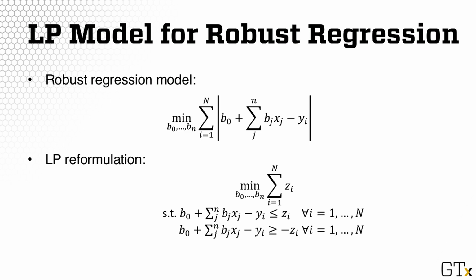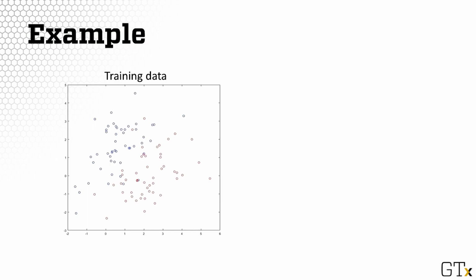So we can just use the trick that we just introduced: introduce a new variable zi for each absolute value term and reformulate. The absolute value term less than or equal to zi means the inside is less than or equal to zi and the inside is greater than or equal to negative zi. And each constraint is a linear constraint. So for example, this is a set of training data. We have two labels.